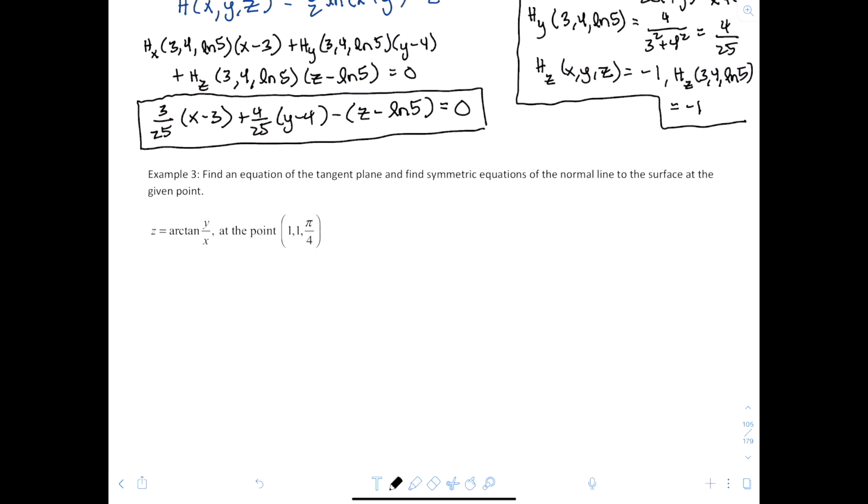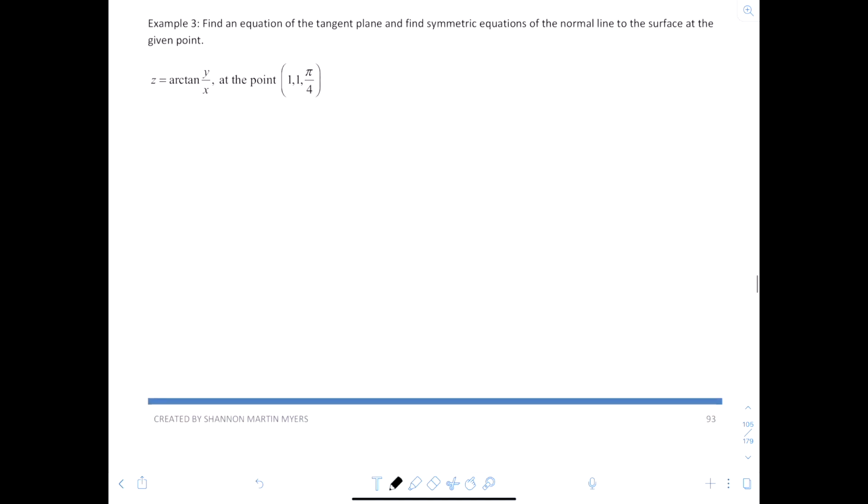Okay, so next up, find an equation of the tangent plane and find symmetric equations of the normal line to the surface at the given point. So the surface is z equals arctangent of y over x, and the point is 1, 1, pi over 4. Okay? So we're basically doing the same process that we did before, but this time we want to find the symmetric equations.